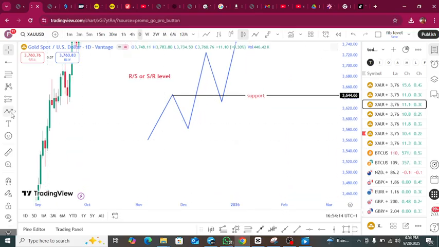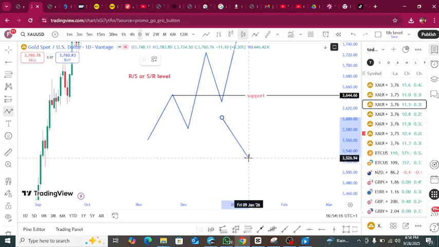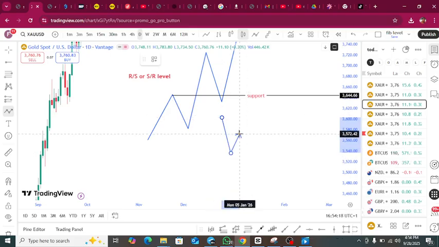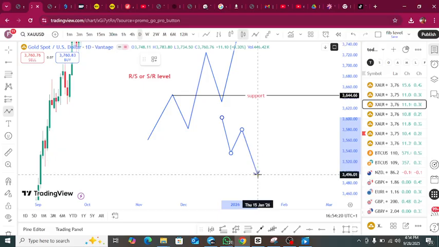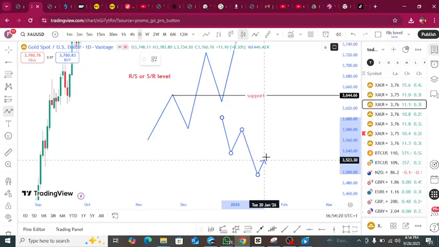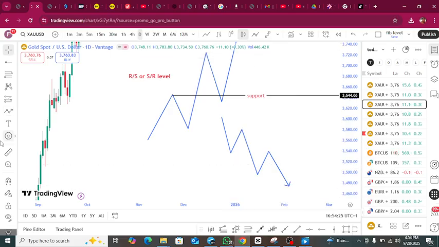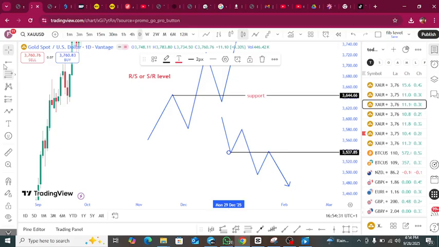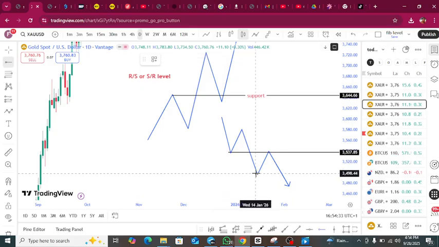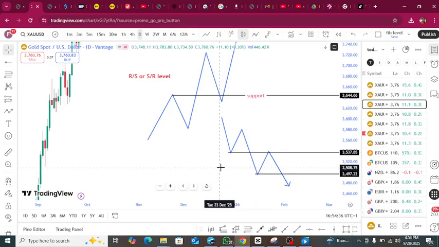Okay, now if you have something like this, this was a support, got broken. This was another support, got broken, which is the V level.